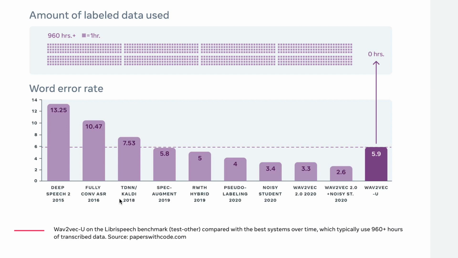Now, on the LibriSpeech benchmark, which is very common in speech recognition, Wav2Vec-U performs on par with state-of-the-art fully supervised systems. These systems train on the LibriSpeech benchmark, which is almost 1,000 hours, I think it's like 960 hours of transcribed audio, from 2 years ago. Now, this is very important because learning with less data provides a huge opportunity for spoken languages with far less data available than widely spoken languages.